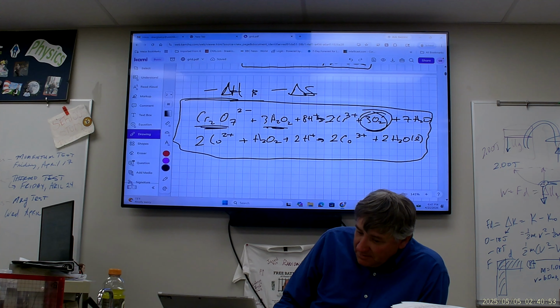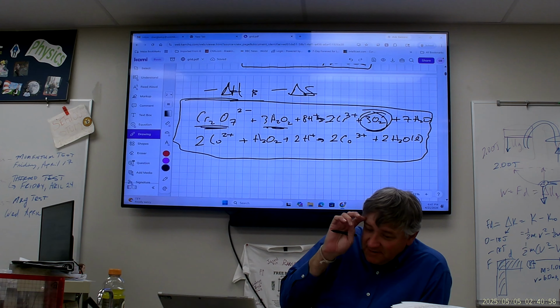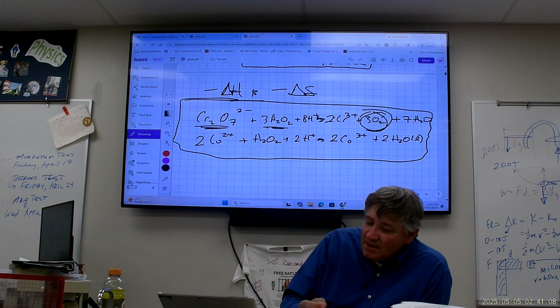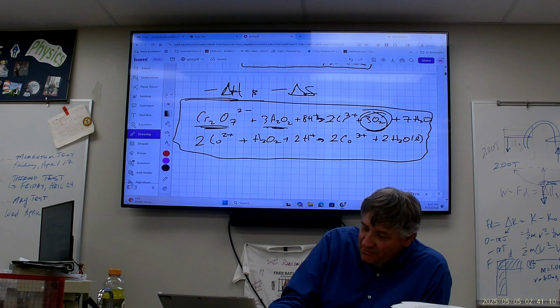You're using the fourth one, because the other one is on the reactant side. So then you're taking 1.33 minus 0.7 because that second one gets flipped. And that's how you get the 0.63.